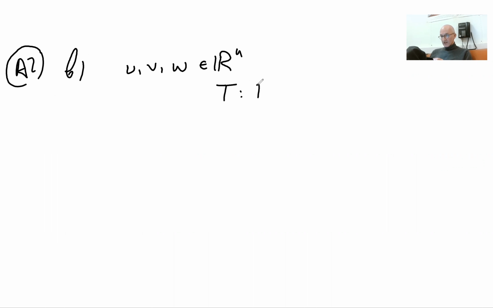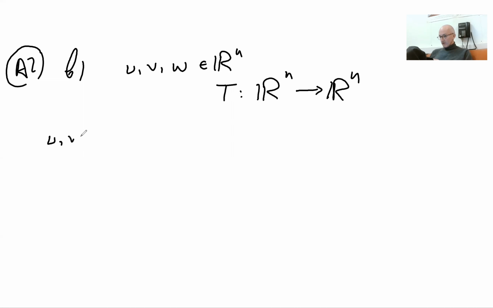Okay, part B of the same question, A2, is a similar statement. Again, you have vectors u, v, w in R^n, and the question is: is it true that for every linear transformation T, if these three vectors are linearly independent, then the images, when we apply T to them, are three linearly independent vectors?